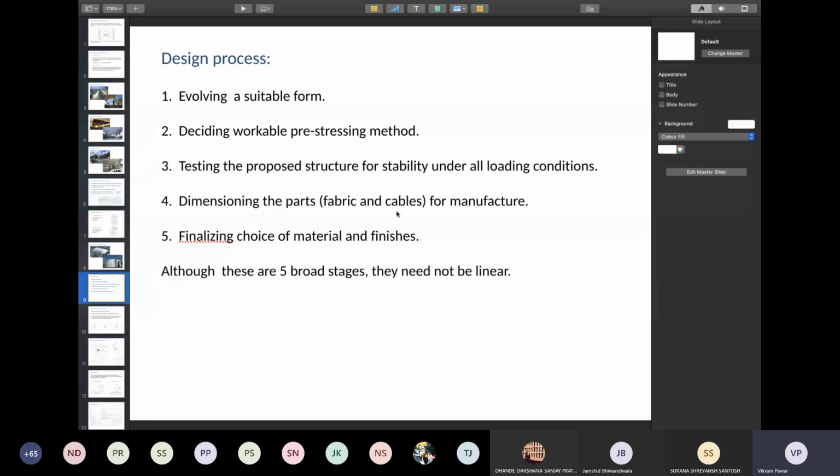I'm calling it welding for a reason; I'll come to it later when we discuss the fabrics. But sometimes the manufacturer or the workers determine the nature of the form that you're going to get. So it is not necessary that these 5 stages will go linearly from 1 to 5.